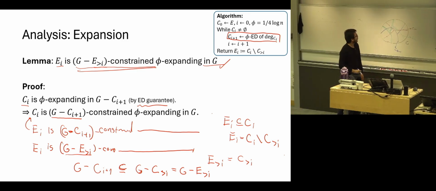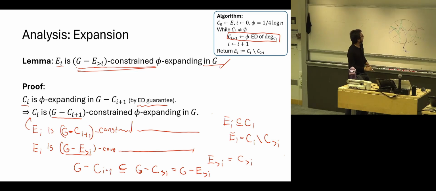So what do we need to say here? What's the component in Ei, which is G minus Ci plus 1 minus C more than?